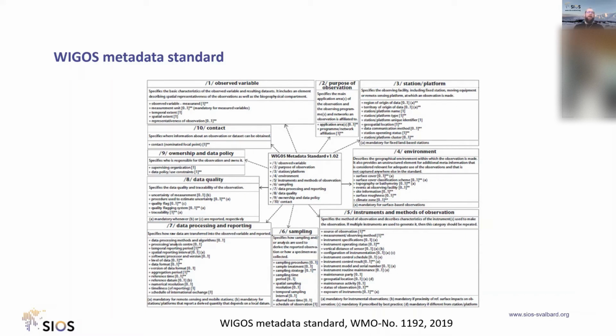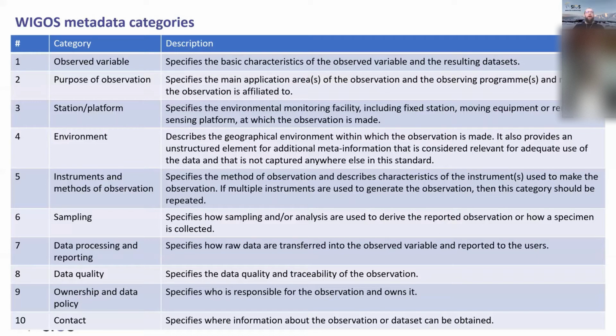The WIGOS metadata standard consists of multiple components. Ten of them are basic, and then they are divided into sub-levels with precise descriptions. For us, we can look at the main structure. So as I said, the WIGOS metadata standard consists of multiple components.